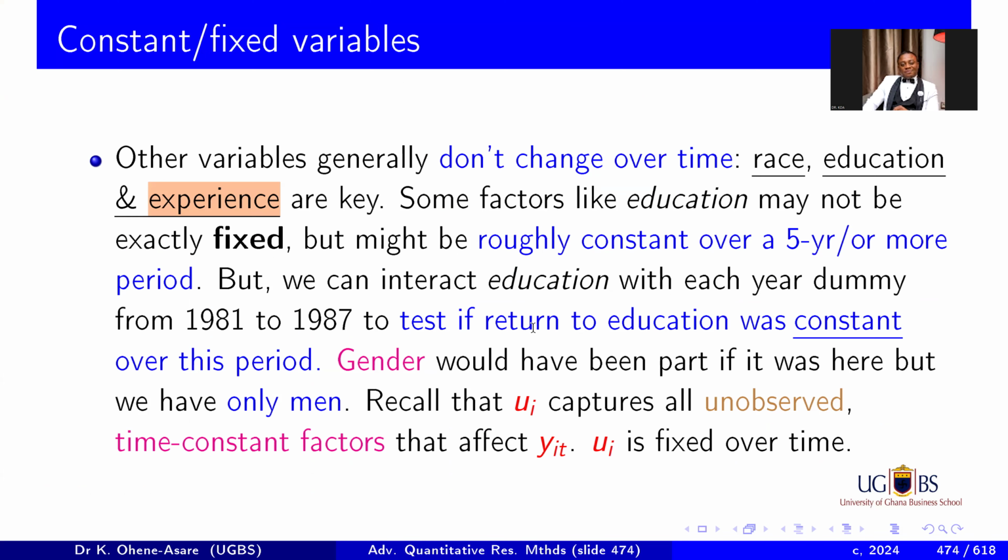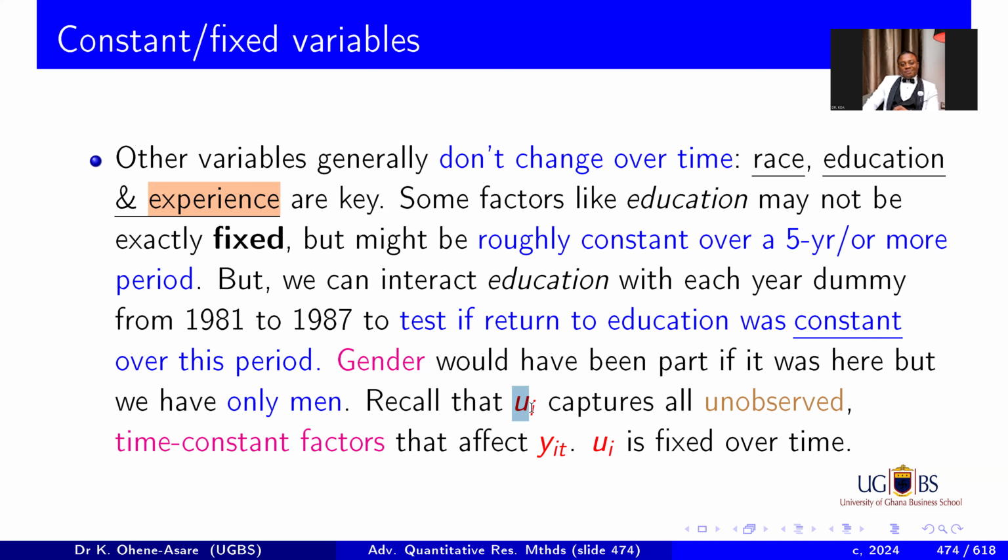If everybody, as I assume, is getting an equal amount of experience for the time being, then there is nobody who can experience more than anyone, so it is fixed. Excellent. That's it. Now, if gender was here, gender would have been fixed as well. But everybody here is a male. So that is why.